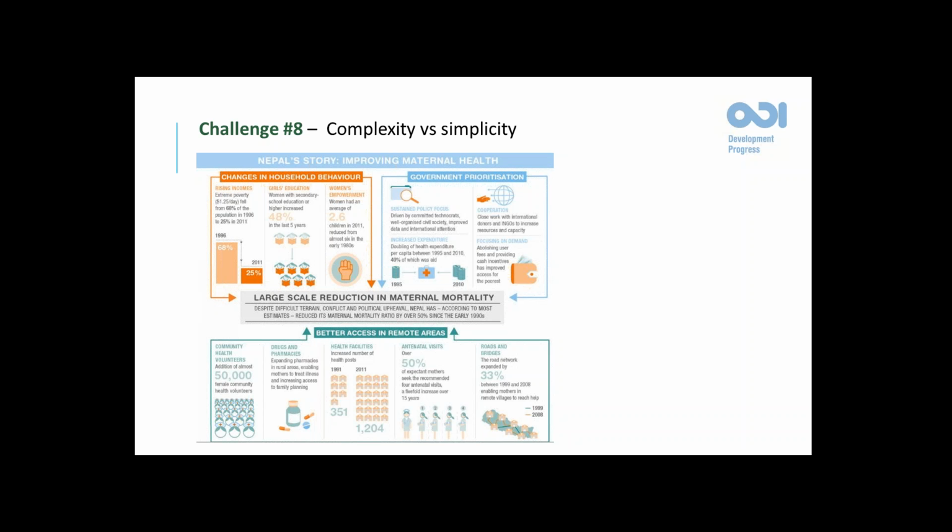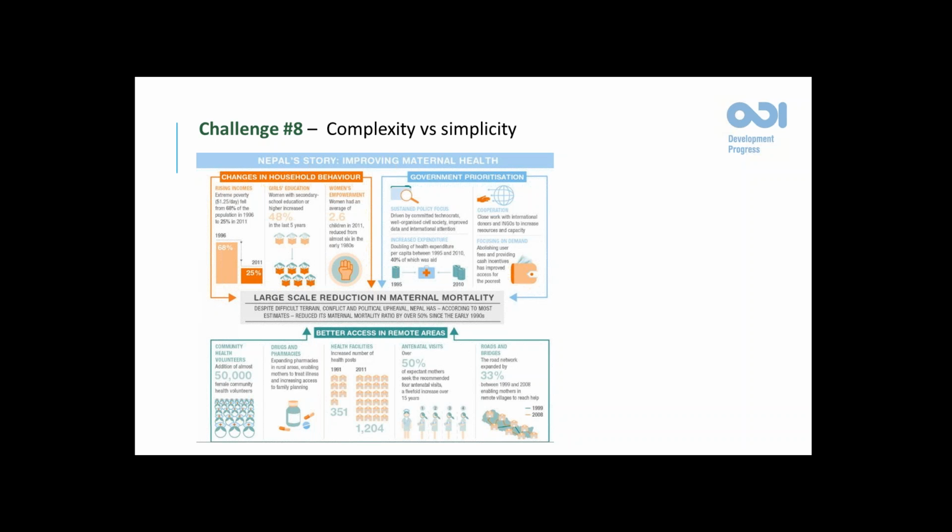It took us a long time. This was one of the very first infographics we produced. And it took us quite a long time to agree between the researchers and the communication staff how many factors to include. I think if you looked and read the actual report, you'd probably find about 50 different factors are mentioned in terms of what led to Nepal being able to reduce maternal mortality to the extent it has.